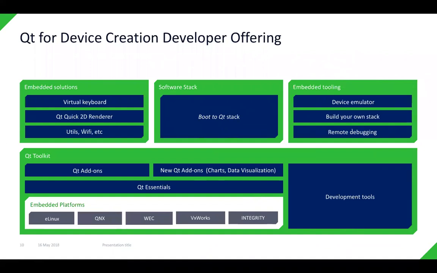With the device emulator, we give you desktop emulation so that, in a case where you don't have the final hardware, you can test your user interface, your software stack, and your application logic using the device emulator. Last is the Boot to Qt software stack, but I will talk about that slightly later.